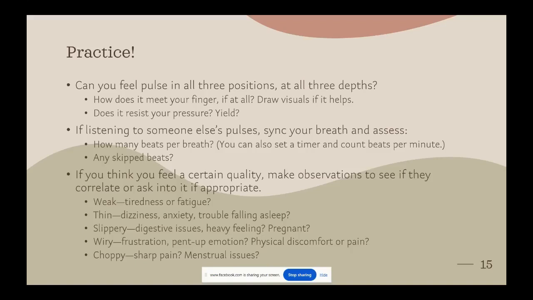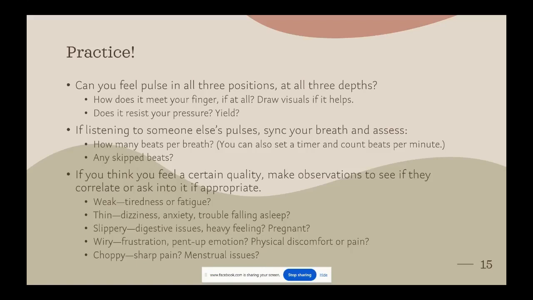But you can do that to figure out someone's breaths per minute, and then do some math to see whether their rate is considered slow or fast or normal. And again, I was saying that 48 to 64 beats per minute is what seems to be considered the healthy pulse rate in Chinese medicine.